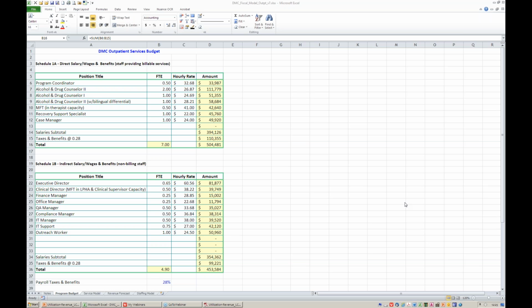What some people I've worked with will do is, like program coordinator, they'll put a little dash and then the person's name in there. I like, when we start looking at processes, to talk about people in terms of their position title so they don't take things too personally. But when you're filling this out and you want to make sure you've got everybody accounted for, you may need to just add names so you know that you got everybody in the spreadsheet.